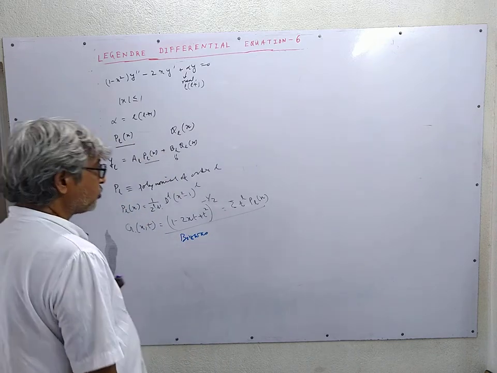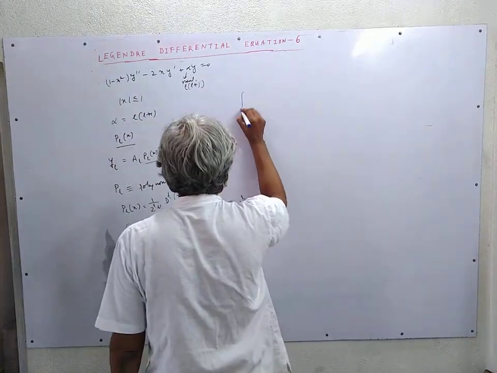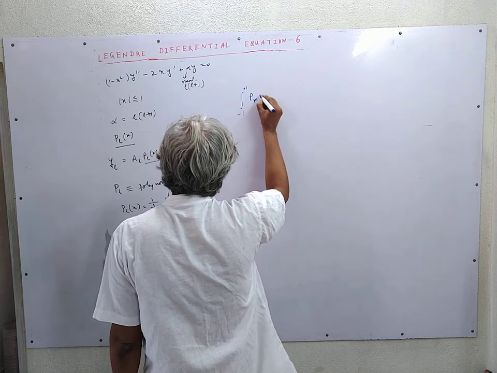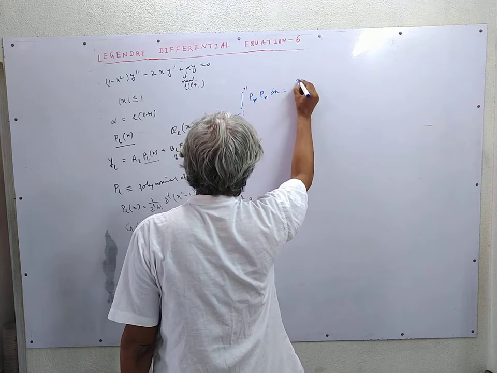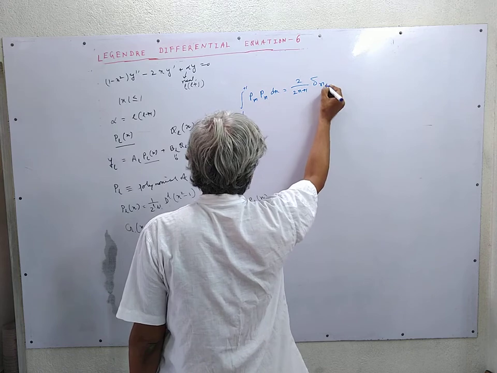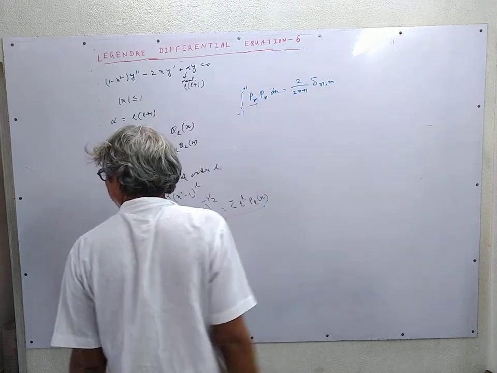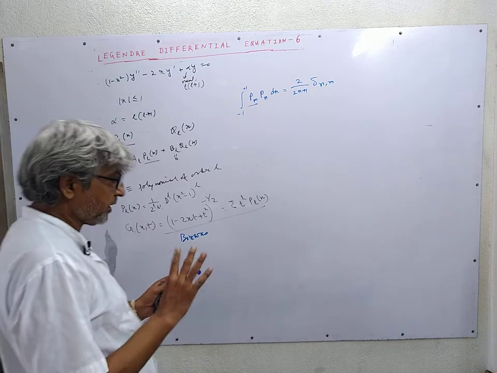Then coming to the orthogonality property, we see that the Legendre polynomials in the range -1 to +1 form an orthogonal set of basis functions. The orthonormality relation is this. Furthermore, the Legendre polynomials form a complete set in the interval ±1.